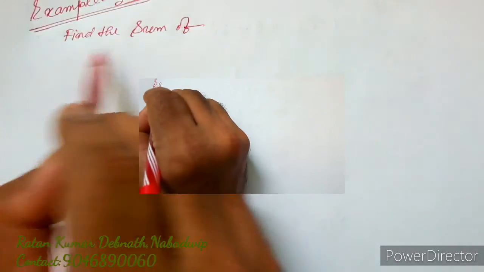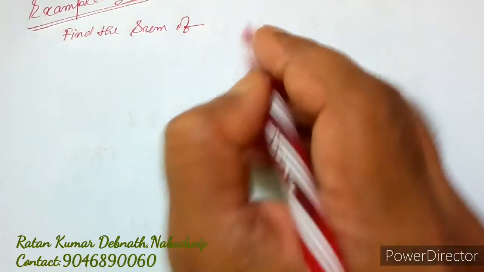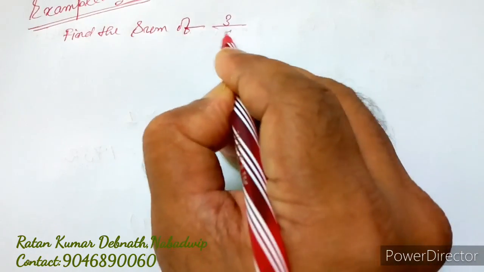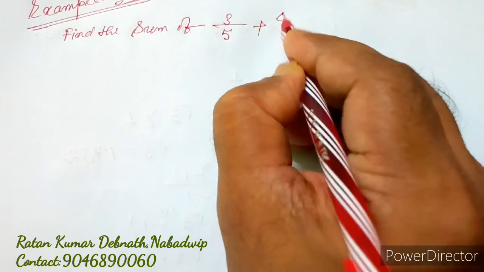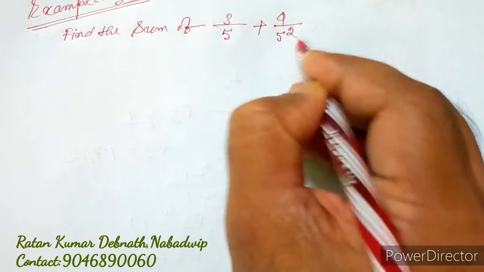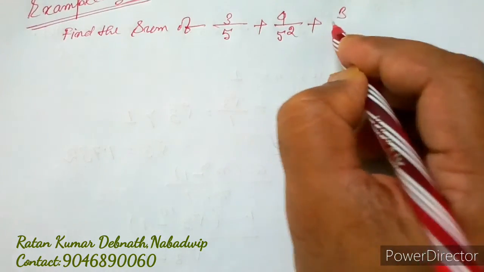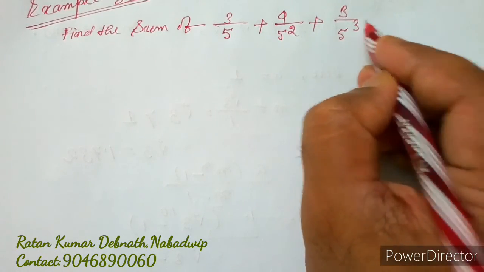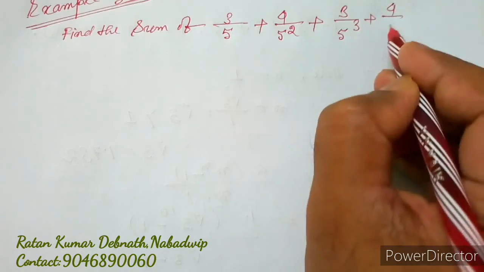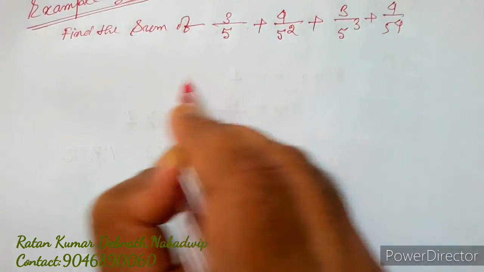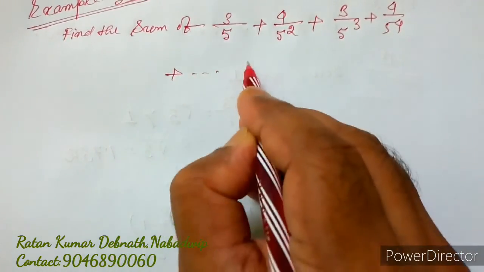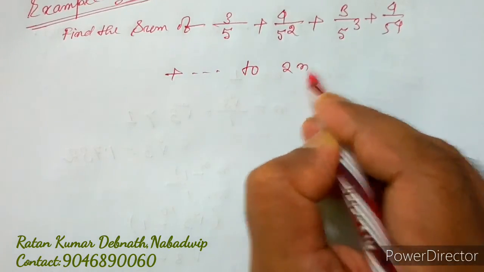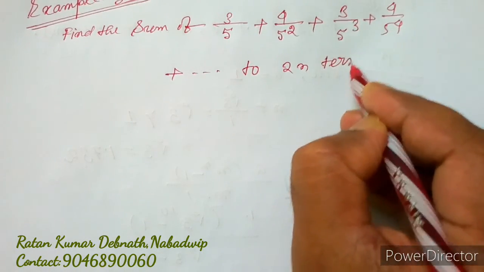Example 3. Find the sum of 3 by 5, 4 by 5 square, 3 by 5 cube, 4 by 5 to the power 4, and so on, to 2n terms.